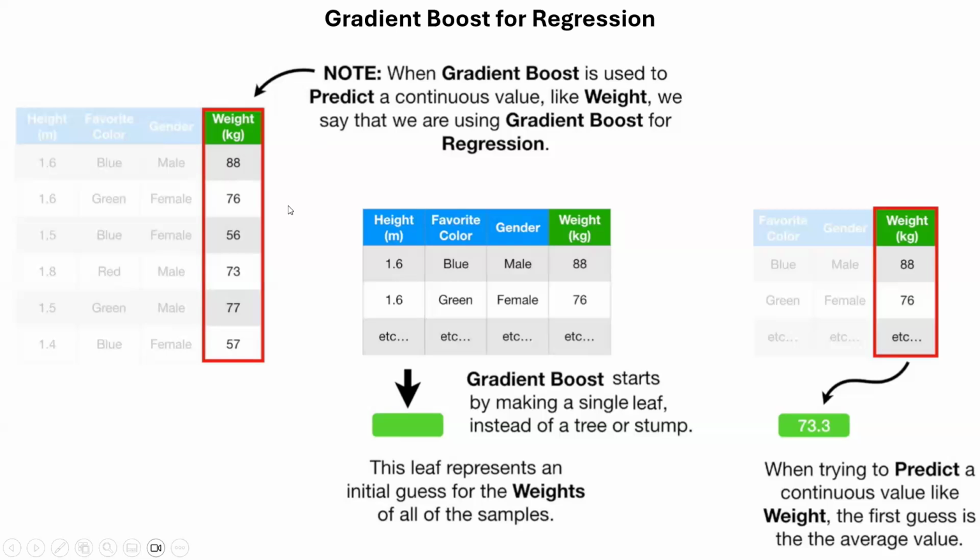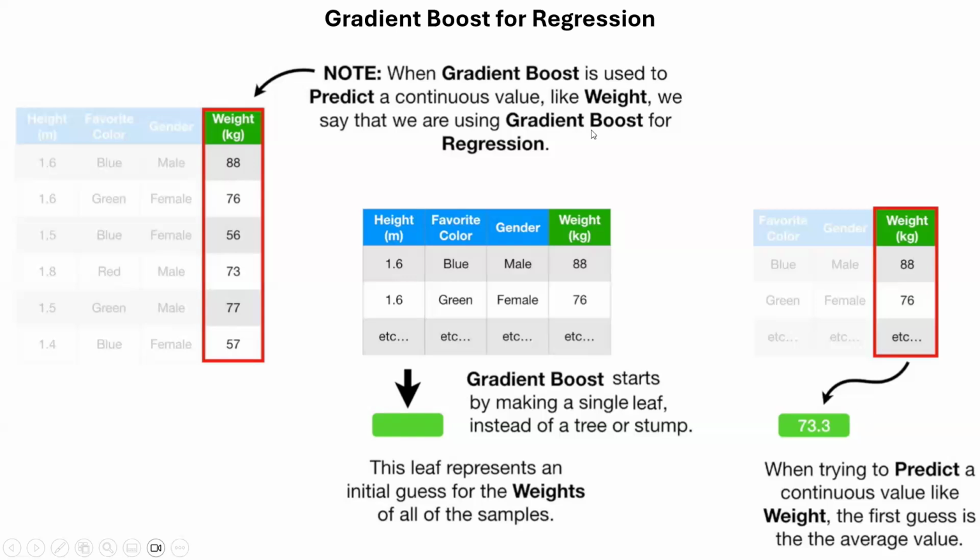Mean is the single value representation of this weight distribution. So in gradient boost, the first step is to construct a leaf that represents all the samples, and that leaf would be the average weight.